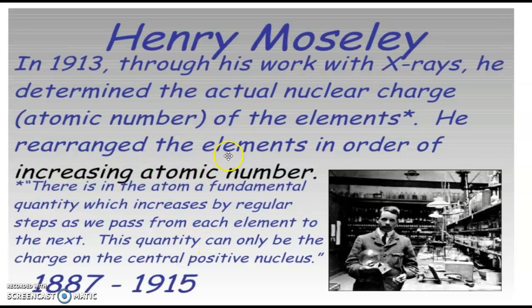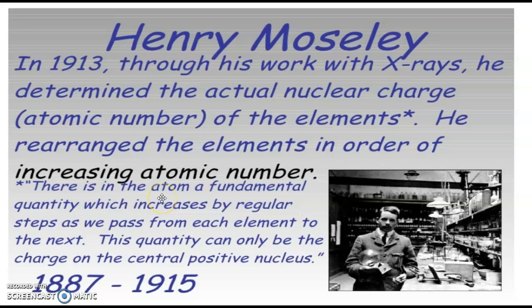Further, Henry Moseley in 1913, through his work with X-rays, determined the actual nuclear charge, that is, the atomic number. Then he thought the atomic number arrangement would be applicable for the periodic table. So he arranged the elements in increasing atomic number.